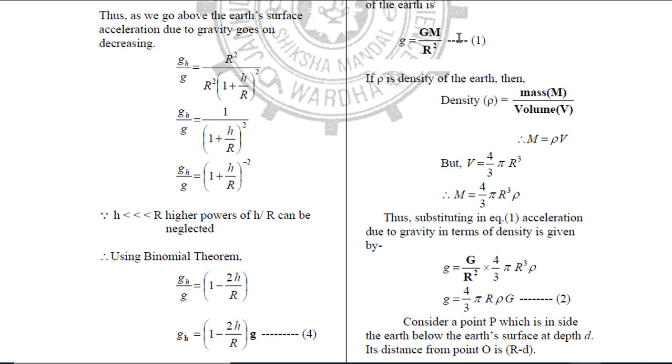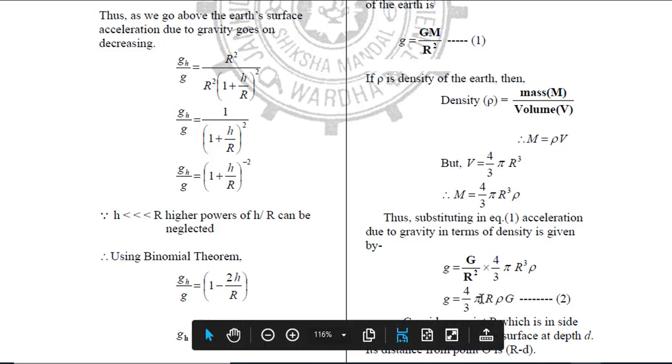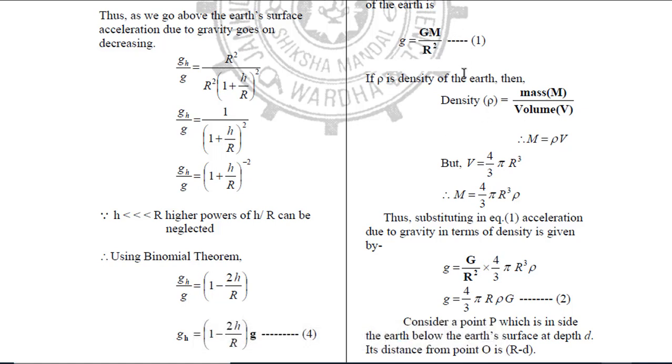If we substitute the mass here, we will have g equal to 4/3 pi r density times G. Remember we substitute, and the r squared and r cubed combine, leaving r to the power one. So it's just simple: take this mass, substitute it here, 4/3 pi r cubed times density.